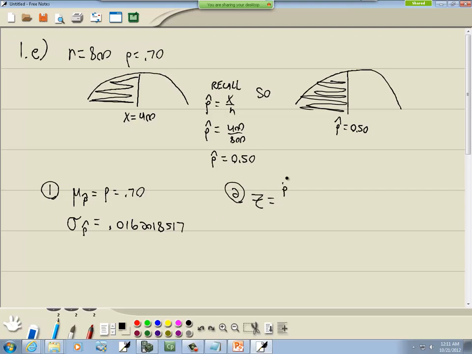Now for step 2, we want to change this to a z-score. So z is equal to p hat minus mu sub p hat over sigma sub p hat. Our p hat is 0.50 minus mu sub p hat, which is 0.70, divided by 0.016201 8517. So let's see what that gives us.